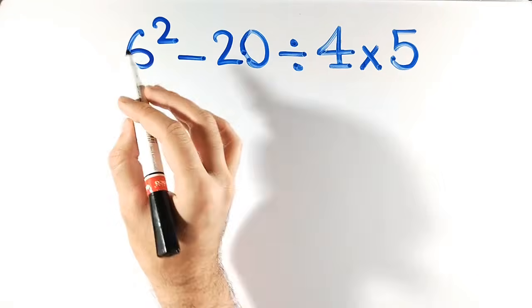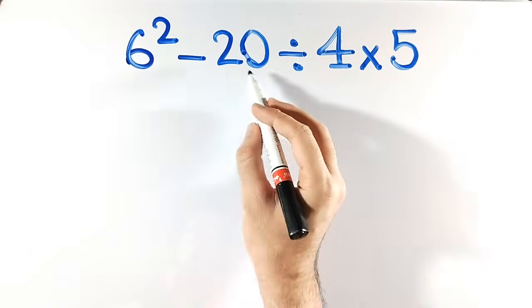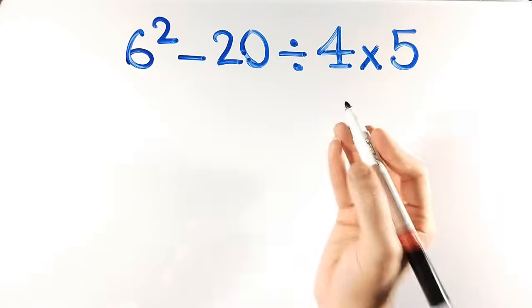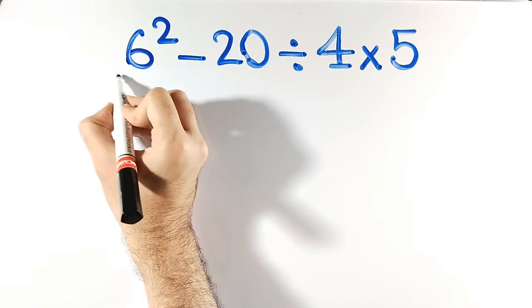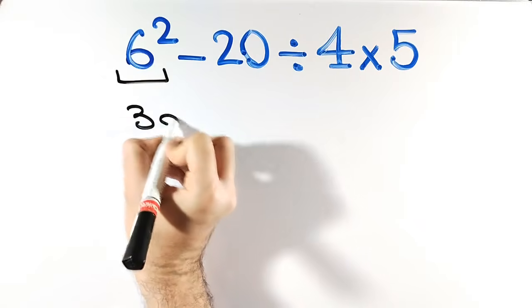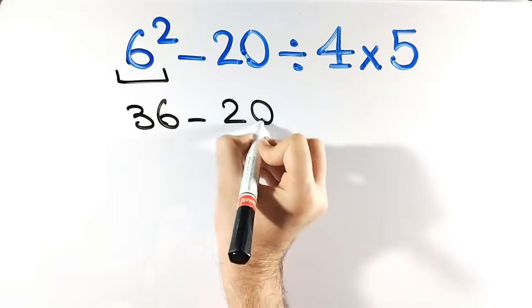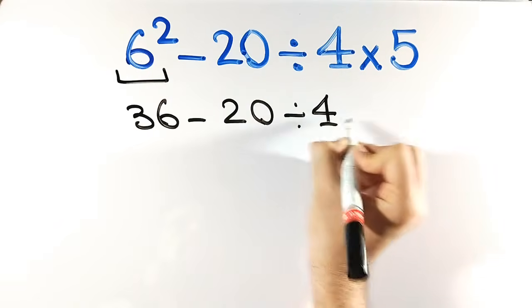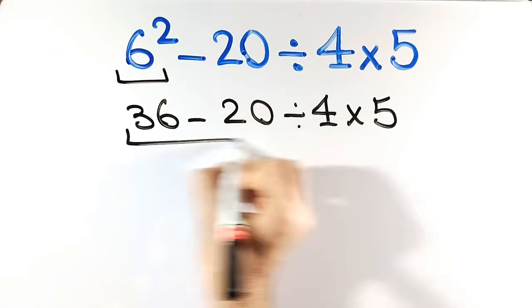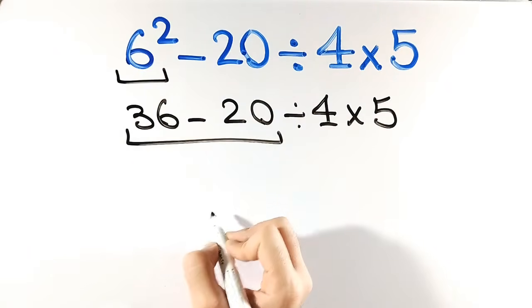What is the value of the expression 6 squared minus 20 divided by 4 multiplied by 5? Many people when solving this question first go for the exponent and instead of this expression they write 36 minus 20 divided by 4 multiplied by 5. And the next step, they go for the subtraction between 36 and 20.